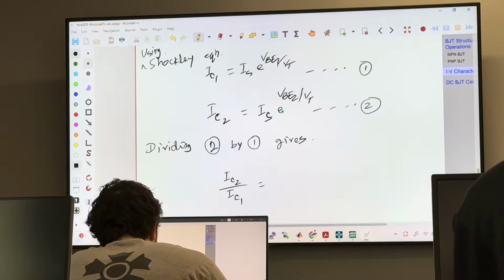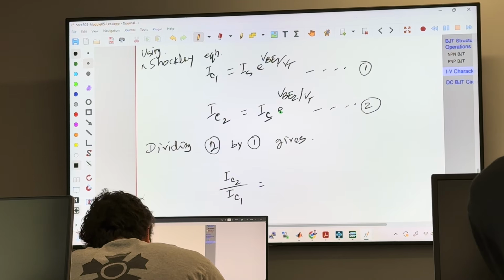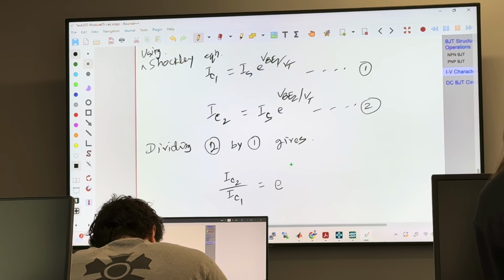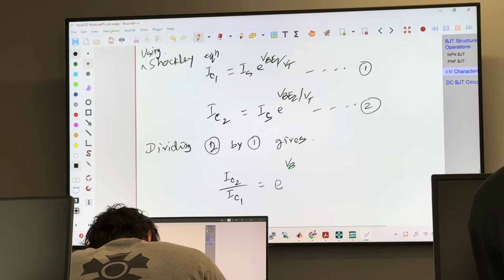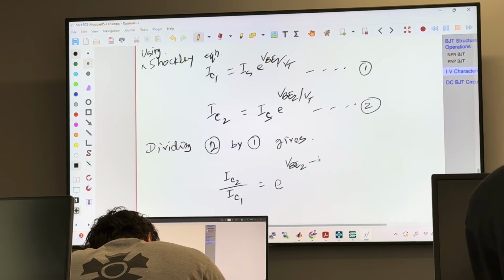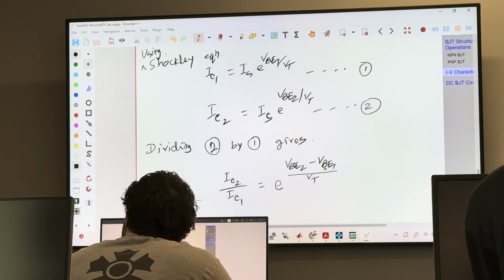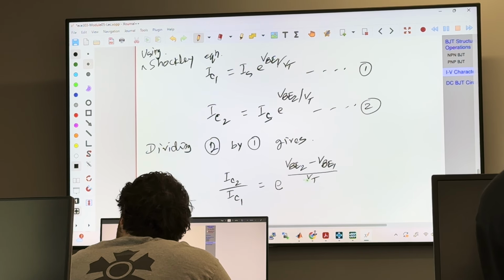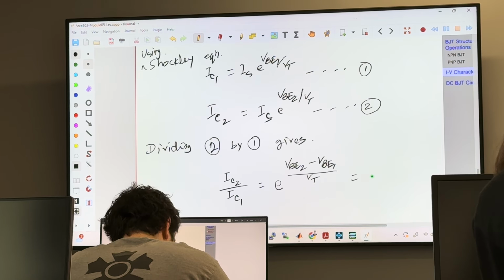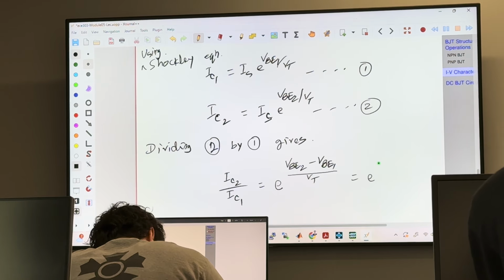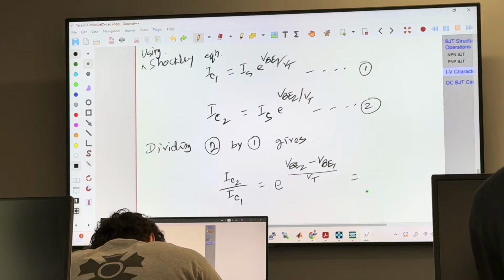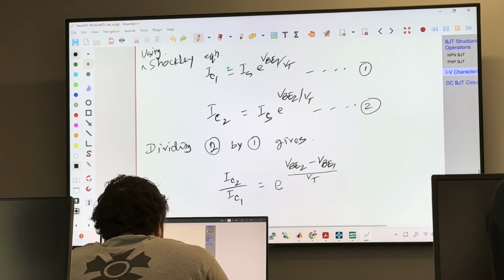So you are left with e to the this guy divided by e to the this guy. So these are powers, therefore you can write e to the VBE2 minus VBE1 over VT. Let's keep it like that.